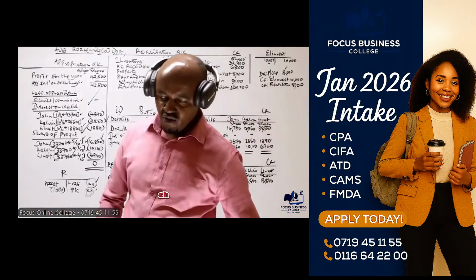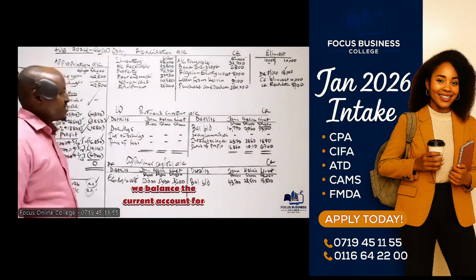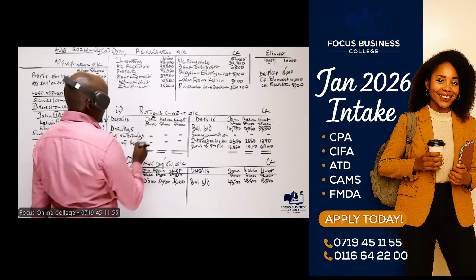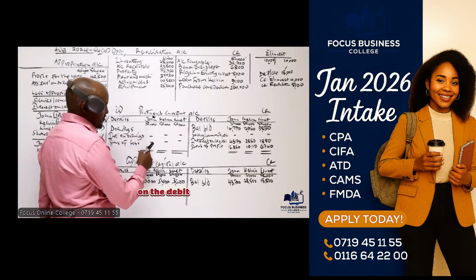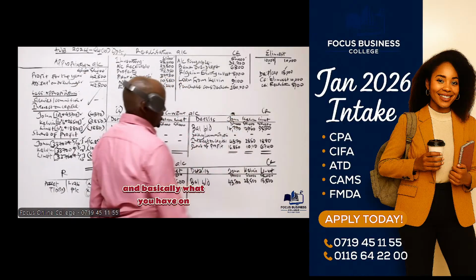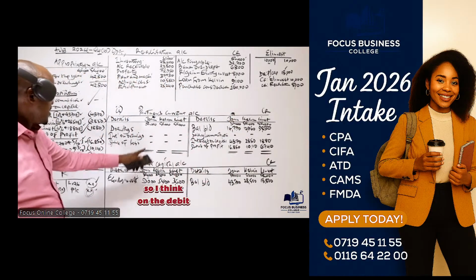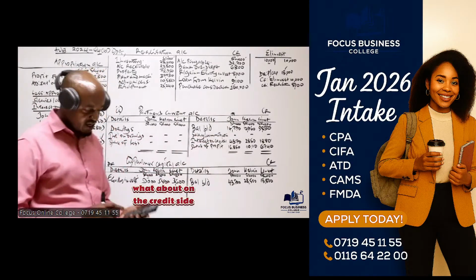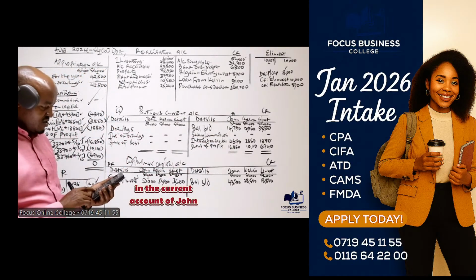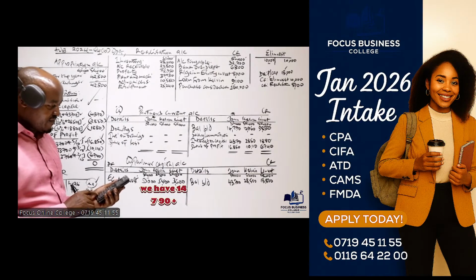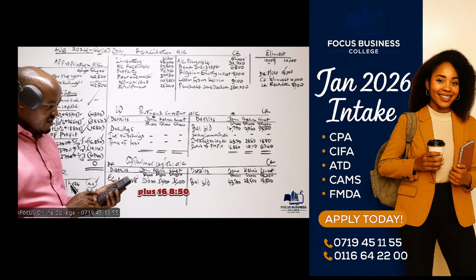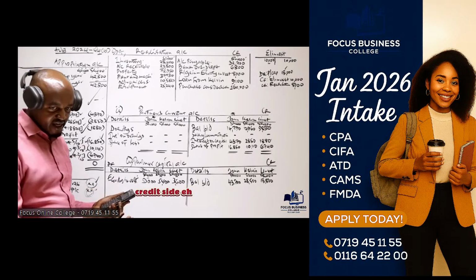So how do we balance this account? We balance the current account for individual partners. So we will start with John. We compare what we have on the debit and what we have on the credit. On the debit side, we don't have any amount. What about on the credit side? In the current account of John, we have 14,790 plus 43,70 plus 16,850. That's what we have on the credit side.